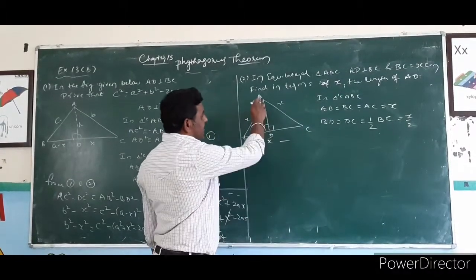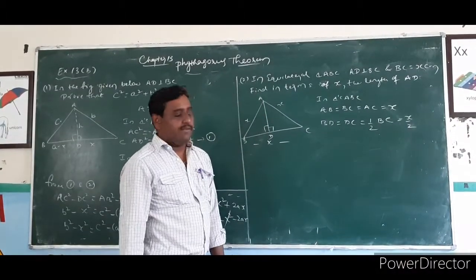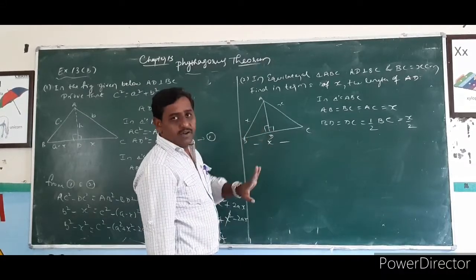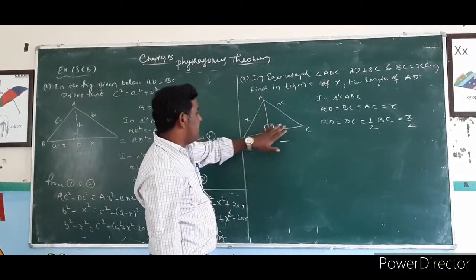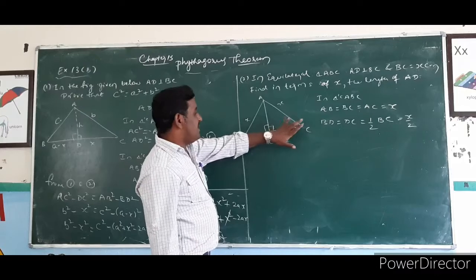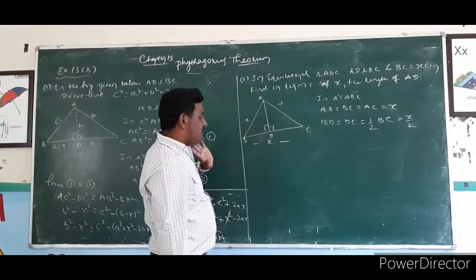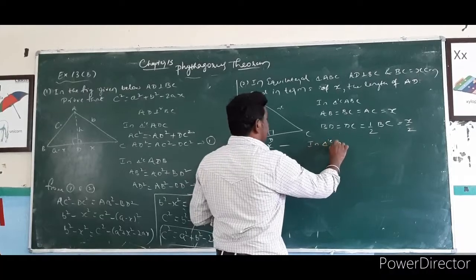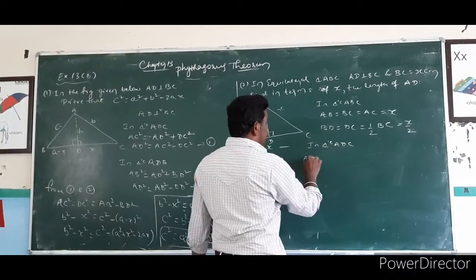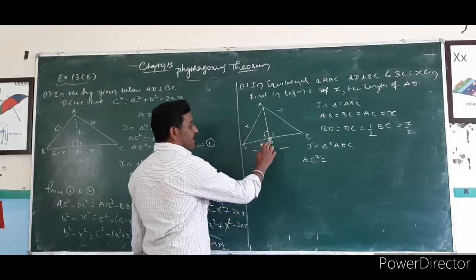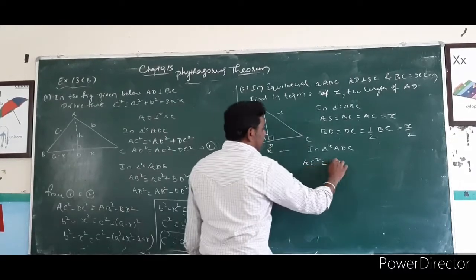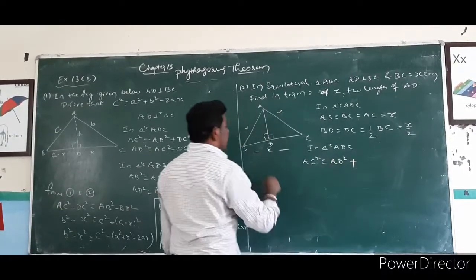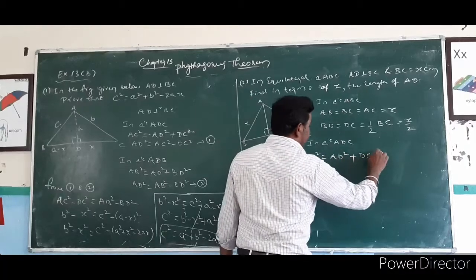Now we want to find out the AD value. You can consider any one of the triangles, no problem. Two triangles are there, ADC and ADB, both include AD. I am considering triangle ADC. AC square is equal to, apply Pythagoras theorem, AD square plus DC square.